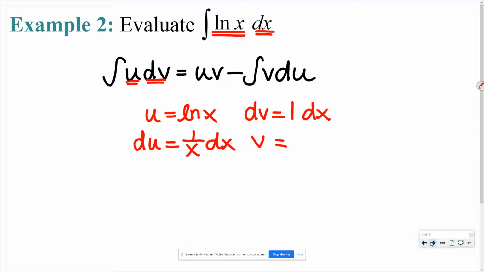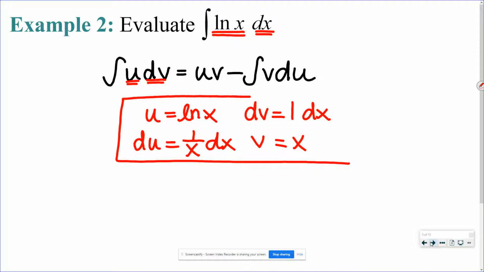And the antiderivative of dv, since it's a constant, would be 1x, or you can just put x. Now I'm going to plug this into my integration by parts formula.